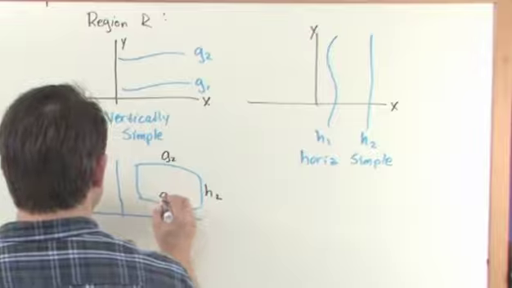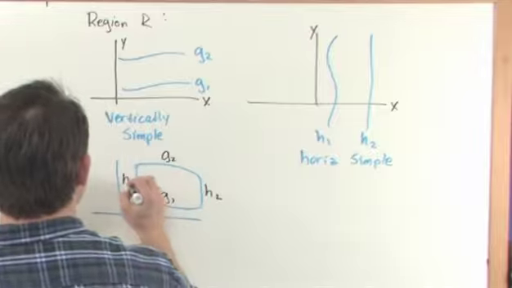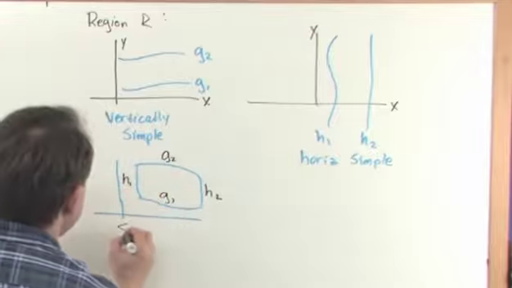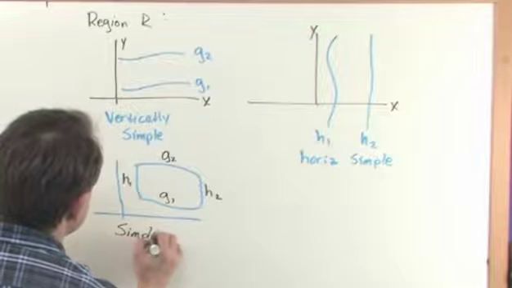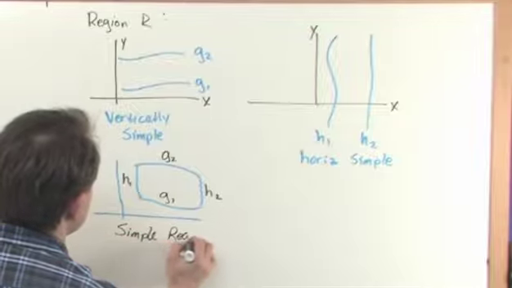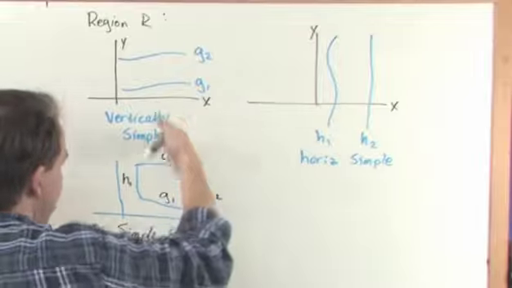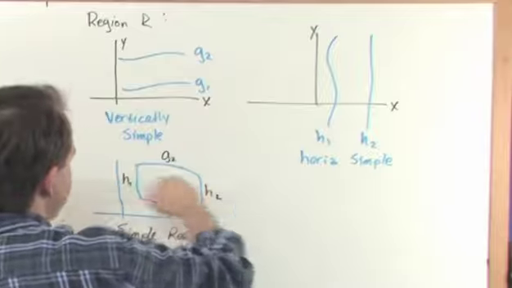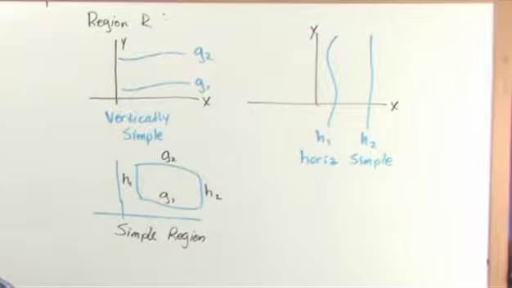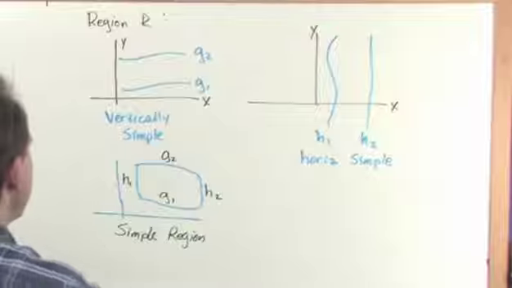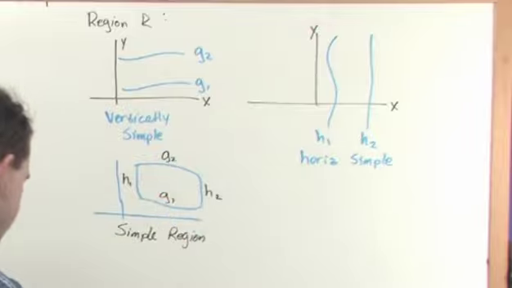This section over here was g sub 1. This section is h sub 1. This is simply called a simple region. Okay? Because it's vertically simple through here and it's horizontally simple through there, so the whole thing is called simple. It's not only vertically, it's not only horizontally, it's both, because you can do this like that, okay?